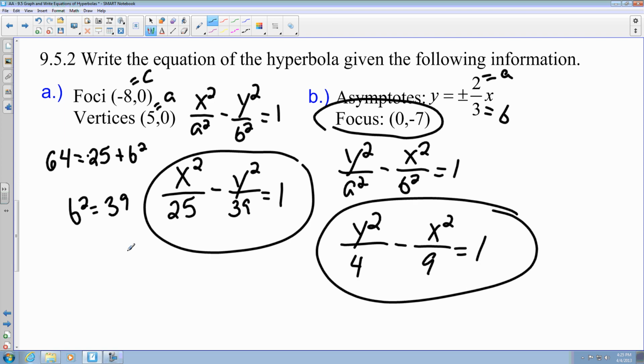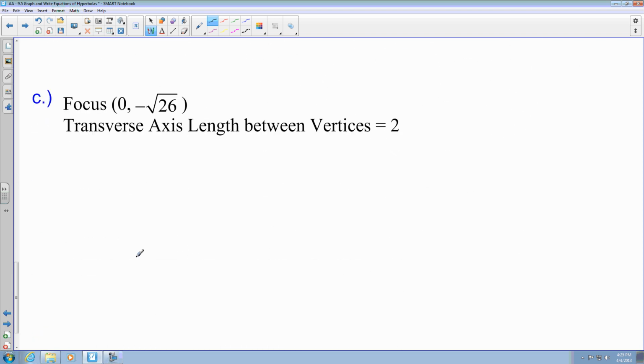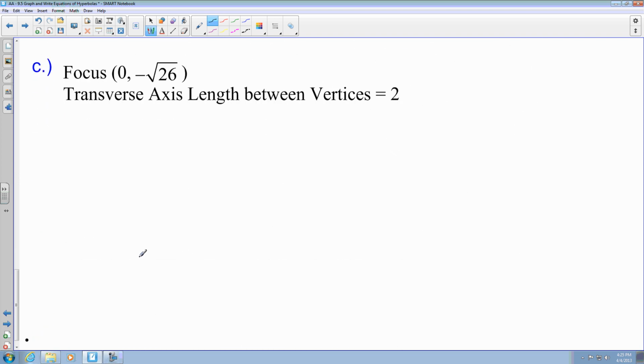Okay? Last one. They tell us that we have a focus that's at 0 comma negative square root of 26, and we have a transverse axis length between the vertices, which is a distance of 2. Well, if you remember from page 1, let's take a look at page 1.